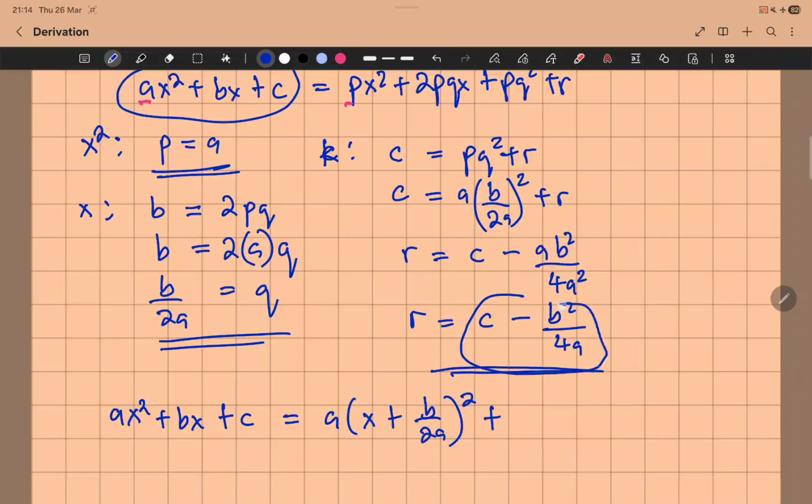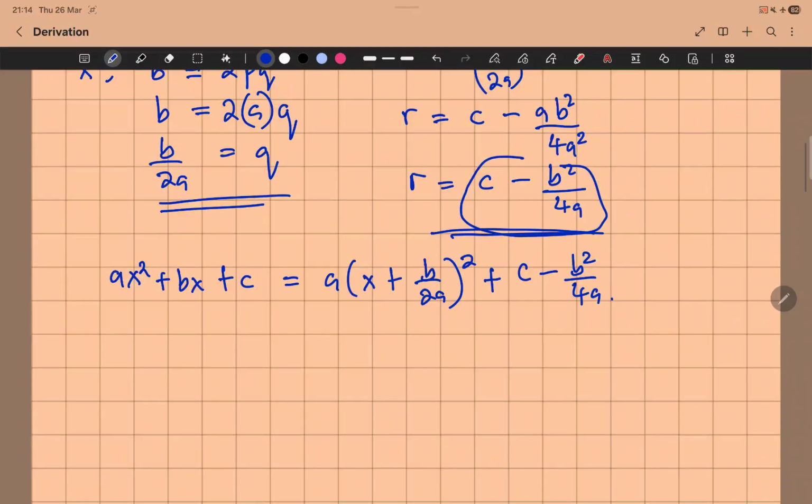This is our r, so it becomes plus c minus b squared over 4a. So this is the requested form.